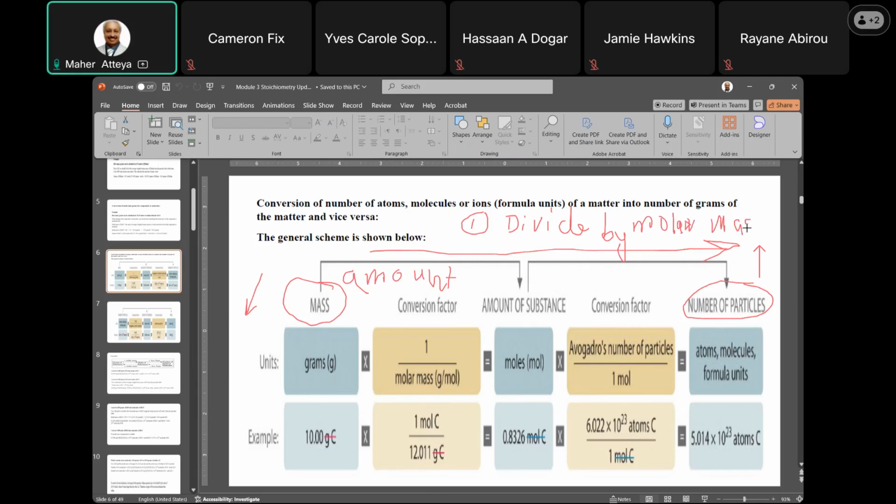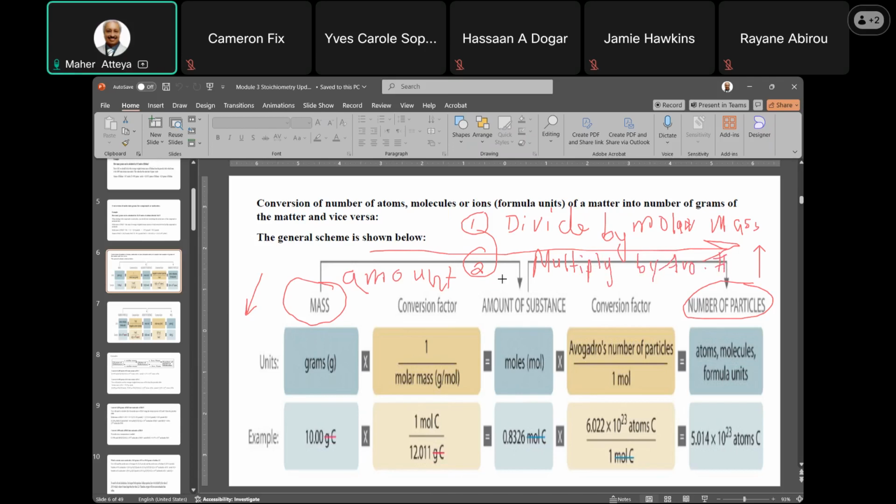That's the first step. The next step is you have to multiply by Avogadro's number. I've abbreviated here Avogadro's number.